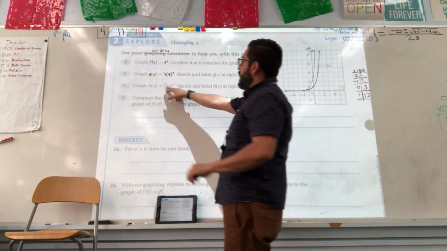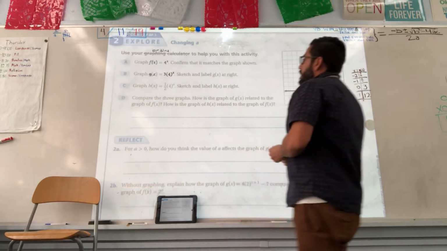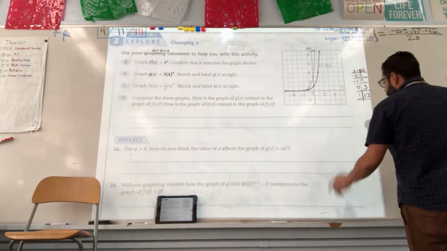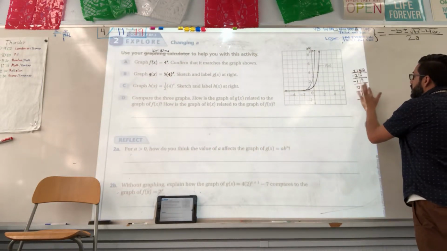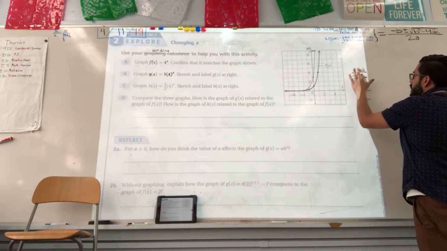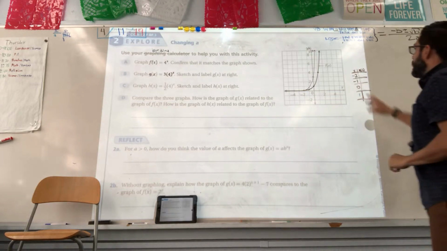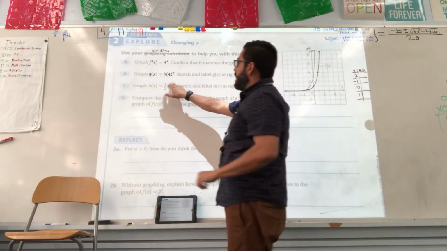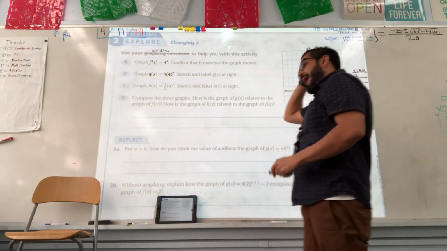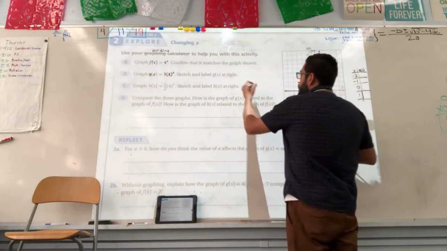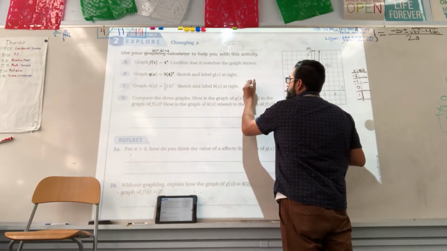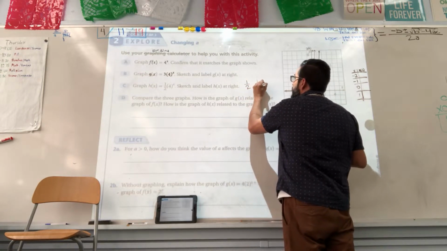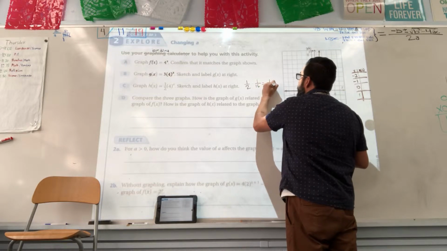What happens when we do 1/2 times 4 to the x power? We'll just use the same terms here. So -2, 4 to the -2 is 1/16. 1/2 times 1/16 equals 1/32.